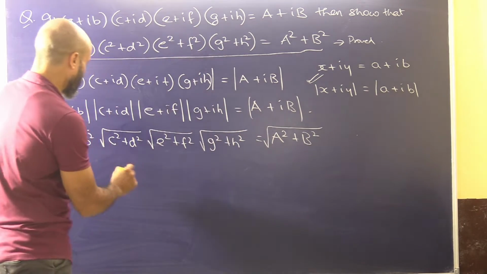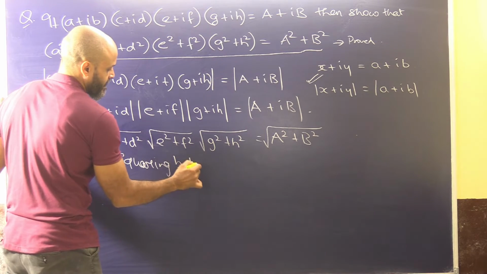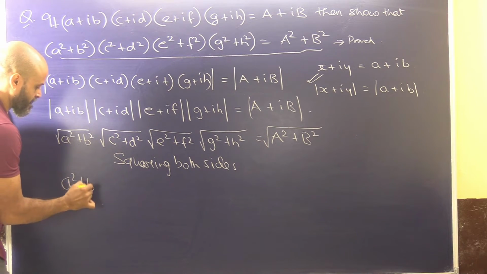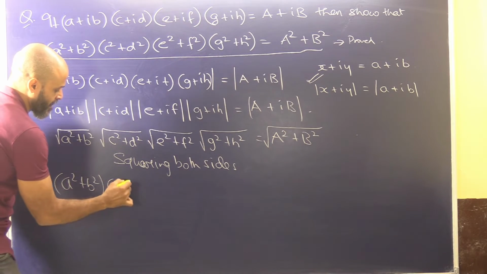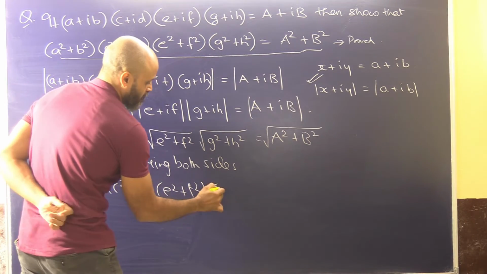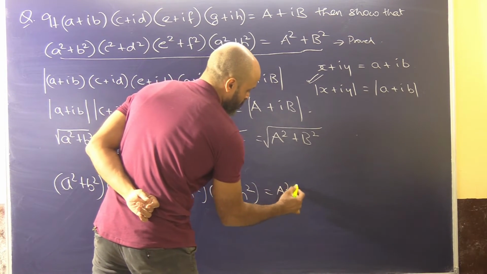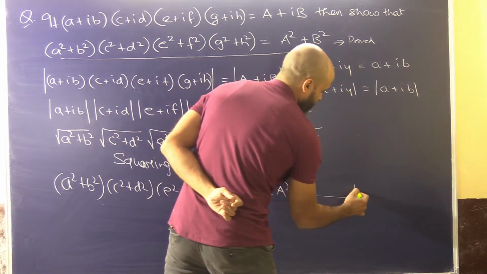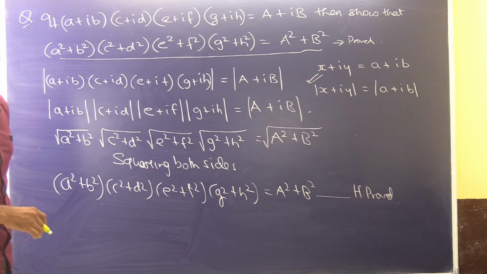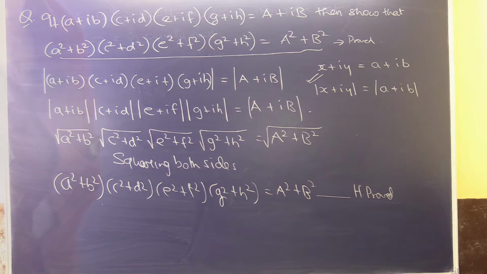So squaring both sides, that is LHS and RHS, we will have a square plus b square into c square plus d square into e square plus f square into g square plus h square equal to a square plus b square, and this is a hence proved case. A pretty easy sum and a pretty short one as well.